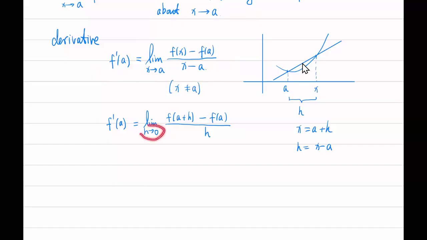When H approaches 0, this becomes shorter and shorter, and X approaches A. So these two limits are the same because X is A plus H. When H goes to 0, X goes to A.